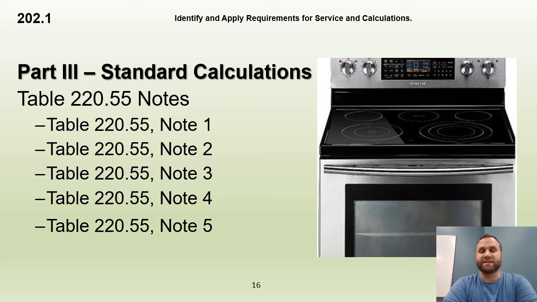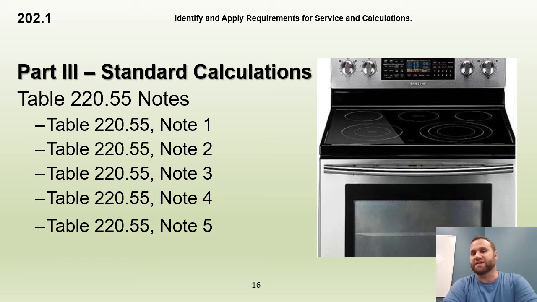So let's say you have one electric range, and that electric range is 9,000 watts. If I have a 9,000 watt range, the top of table 220.55 says I am to use column C in all cases except when permitted by note number 3. According to column C, the maximum kW rating, or the maximum kW allowance or demand that I am expected to include on my service calculation is 8,000 watts, or 8 kW.